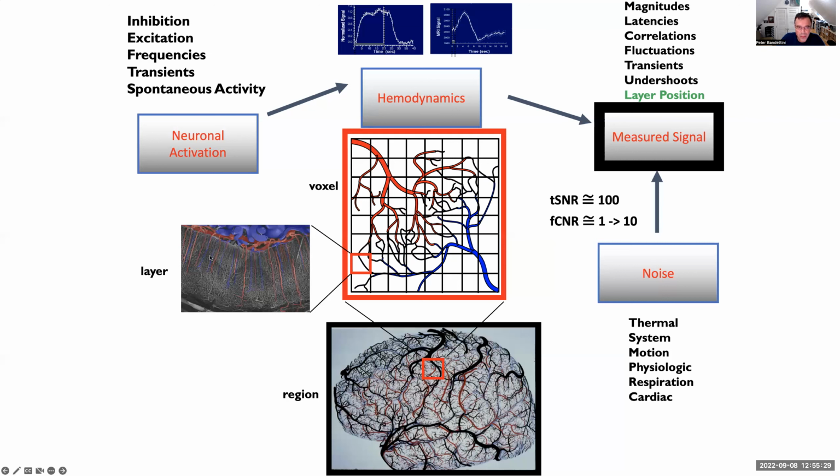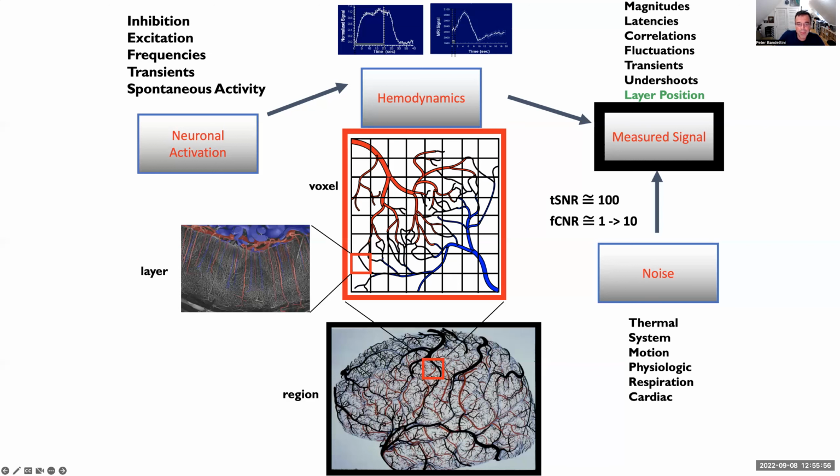But if you're really relying on differentiating between layers, you really have to either find a way to calibrate to these larger vessels that smear everything, or develop pulse sequences that are sensitive just to capillary effects, which are somewhat, but not perfectly, more homogeneously distributed across the cortex. So that's the challenge there.